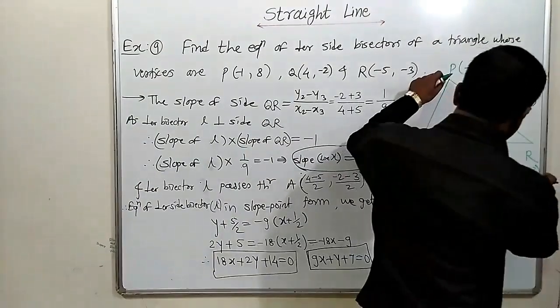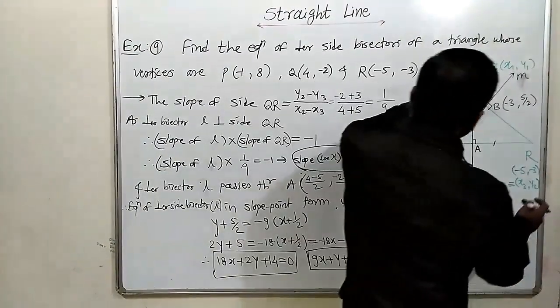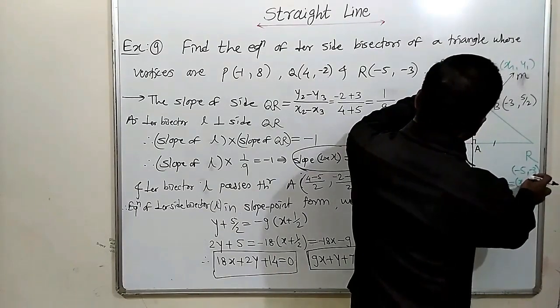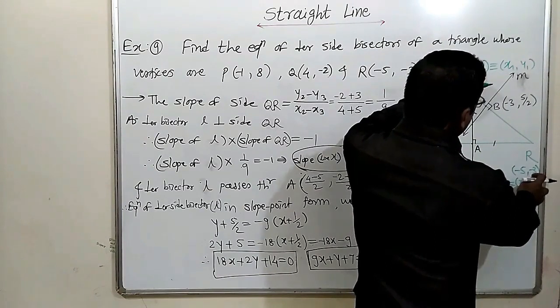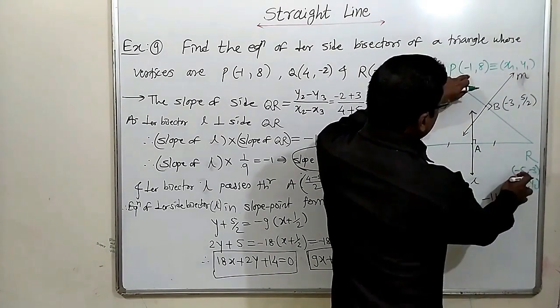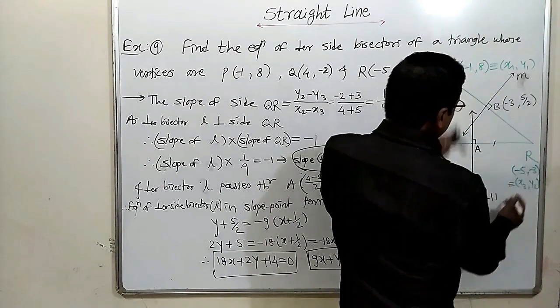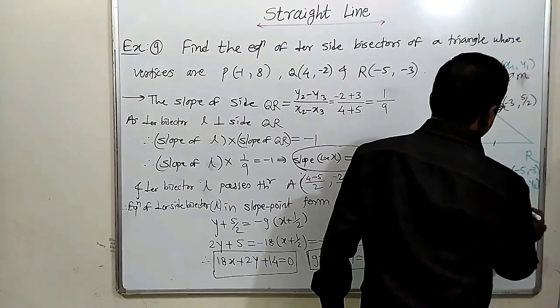The slope of this PR, in the same way, will be minus 3 minus 8, that is minus 11, upon minus 5 minus minus 1, that is minus 4. So it is nothing but 11 by 4.